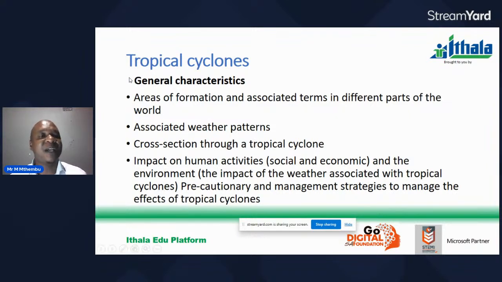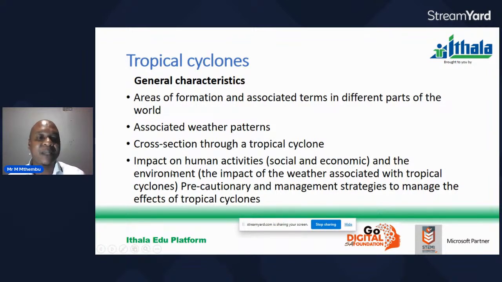Now, let us focus on the tropical cyclones. So here we are going to be looking at some general characteristics. We'll be looking at the areas of formation and associated terms in different parts of the world, associated weather patterns. We'll be looking at the cross-section through a tropical cyclone.